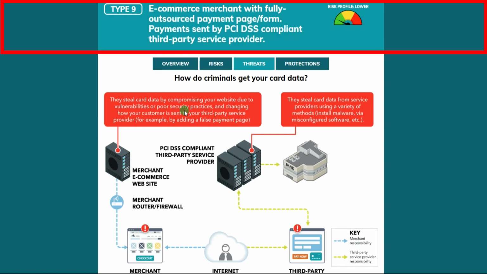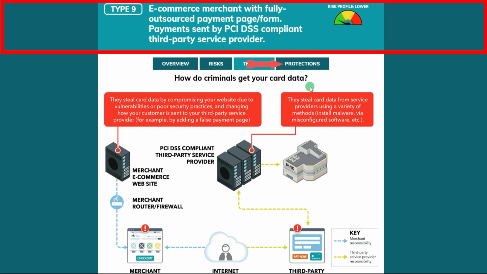And what happens in reality is that you're redirected to the bad guy's website, and you think that you're paying for that service, but in reality you are just giving your information to a criminal organization or just a hacker, someone stealing your data. And the second threat in this case might not be your environment, your website, the merchant, but the service provider's website.